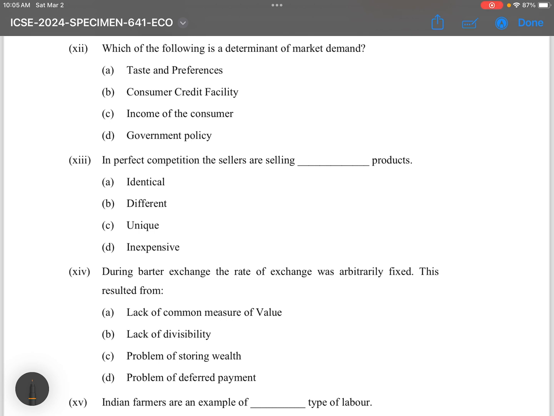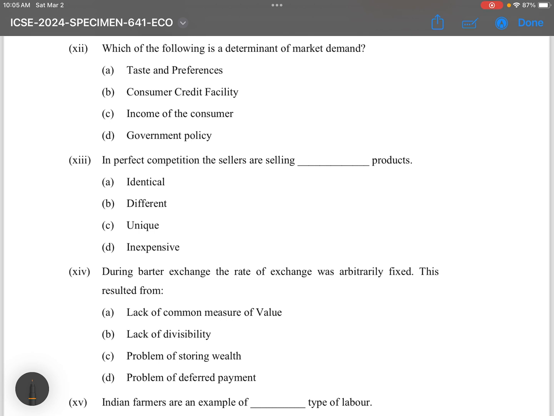Taste and preferences are an individual demand factor. Income of the consumer is an individual demand factor. Consumer credit facility, even if loans are getting cheaper or costlier, cost of borrowing is higher, it's up to each individual consumer how they are going to react to it. It depends on whether they want to buy a good or not.